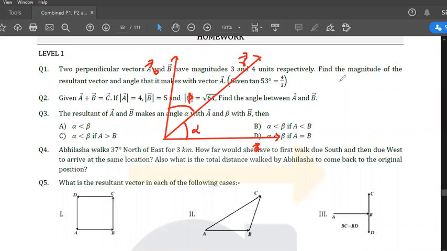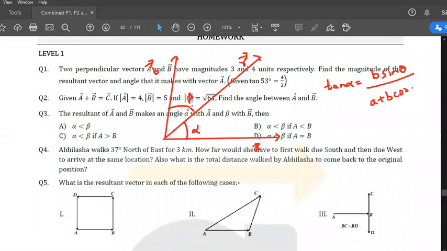You have the formula, right? So I'll just write the formula also. If the resultant is making an angle with A, we have the formula tan alpha is equal to, since it is making an angle with A, we will take this component, so it will be B sine theta by A plus B cos theta. How many of you remember this?